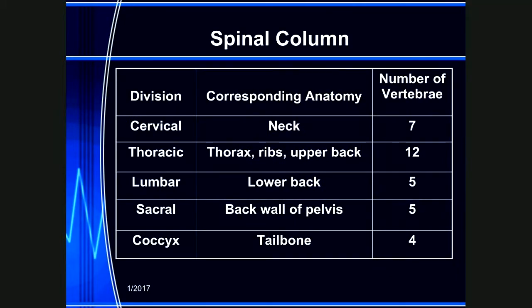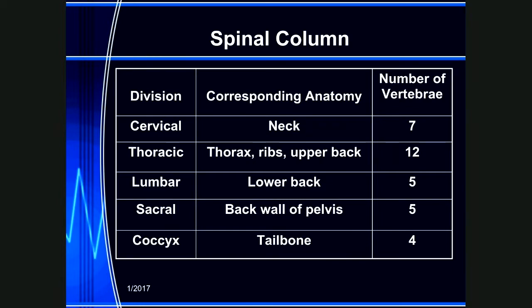So this table here for the spinal column: the cervical spine, the corresponding anatomy is the neck, and there are 7 vertebrae. The thoracic includes the thorax, the ribs, and the upper back. There are 12 thoracic vertebrae.